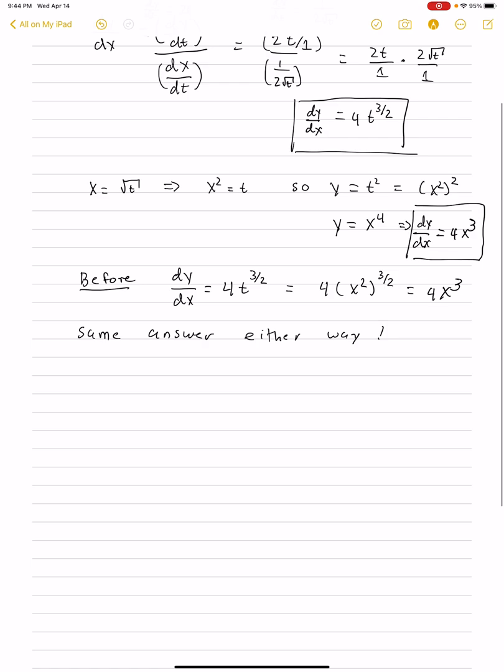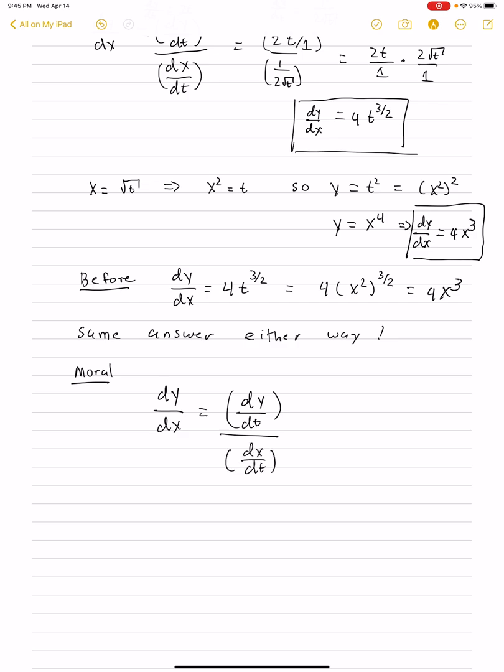So the moral of this story is that if I want to compute dy/dx, it's just going to be dy/dt divided by dx/dt.